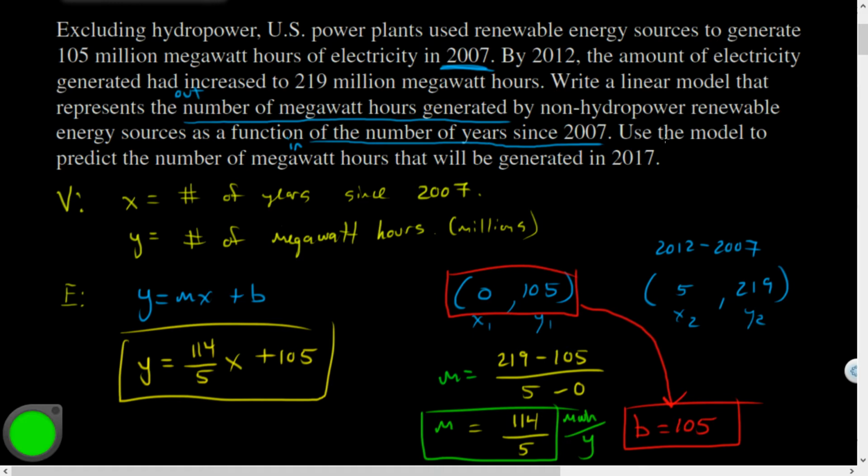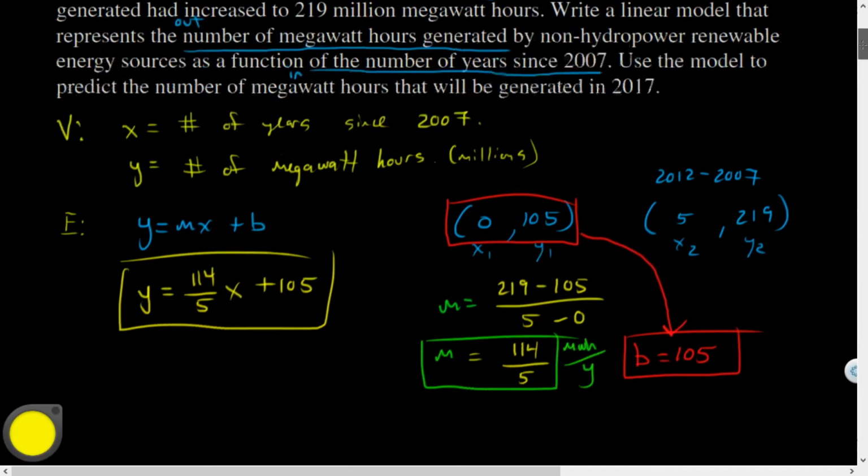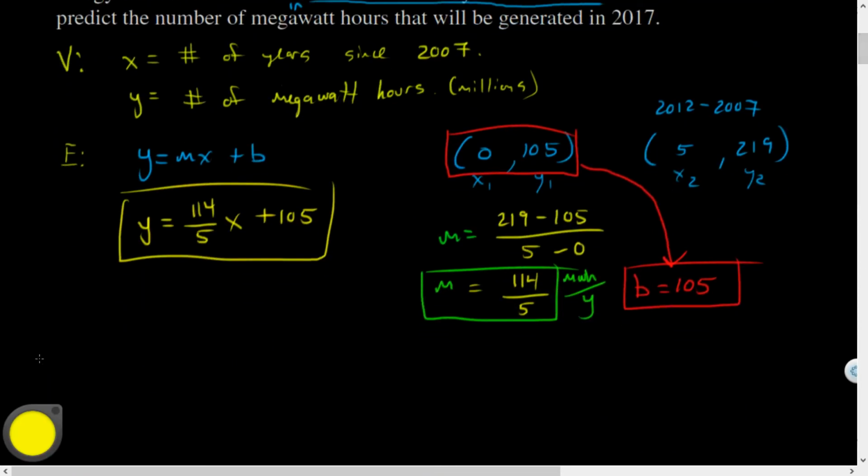So guys, they then asked us to use the model to predict the number of megawatt hours that will be generated in 2017. So for 2017, how many years has it been since 2007? 2017 minus 2007 is 10.